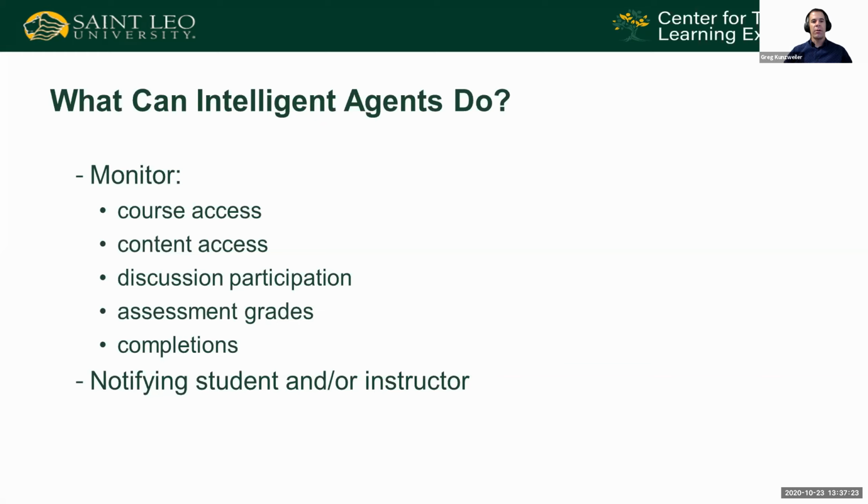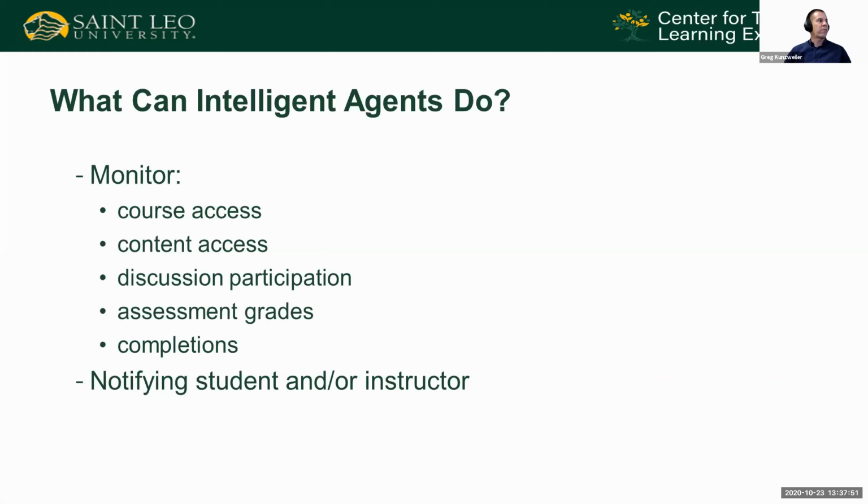It can also monitor content access. There are certain pieces of content that the students haven't accessed or have accessed, and it can trigger things to happen there. It can monitor discussion participation, and assessments and grades, whether they're getting a good grade or not such a good grade. And it also monitors completions of different items.